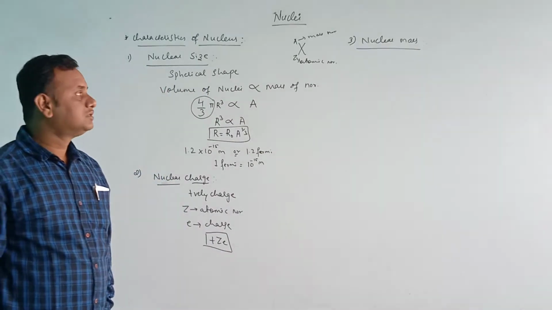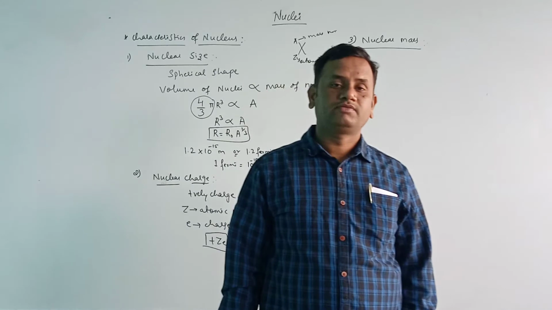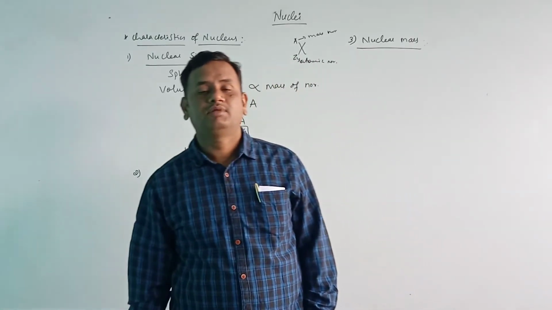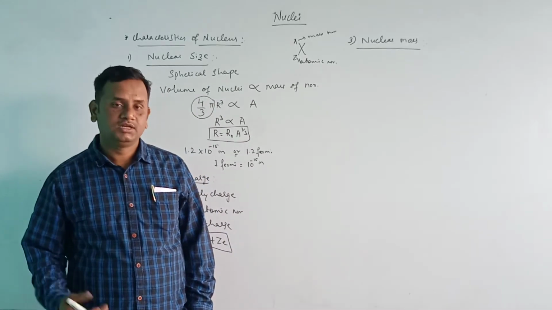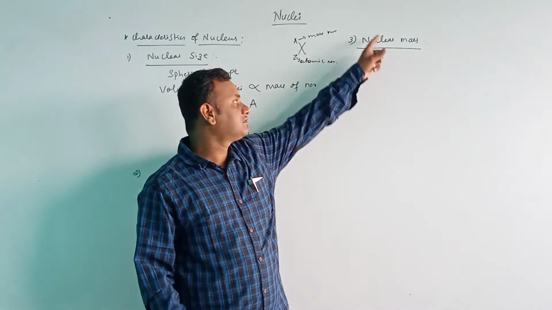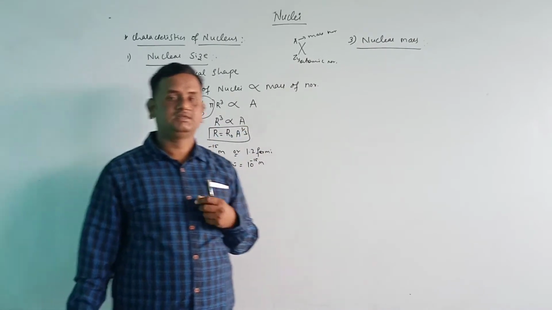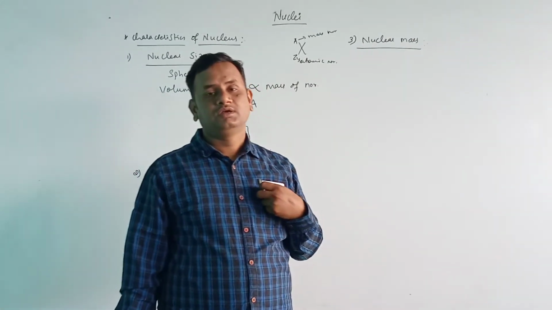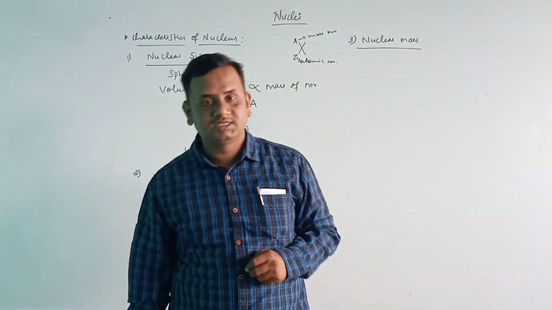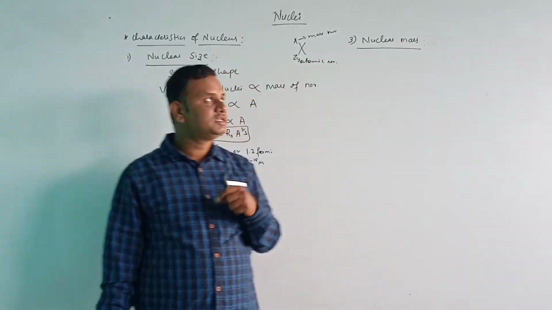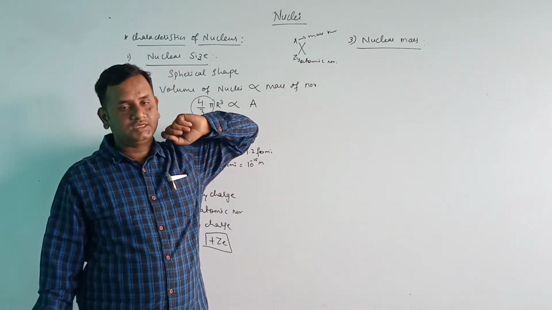The nuclear mass is the sum of the mass of the protons and the mass of the neutrons together in the nucleus. As I told you in the previous video, protons and neutrons together are called nucleons.